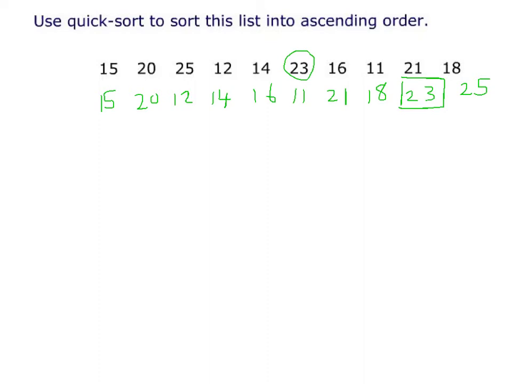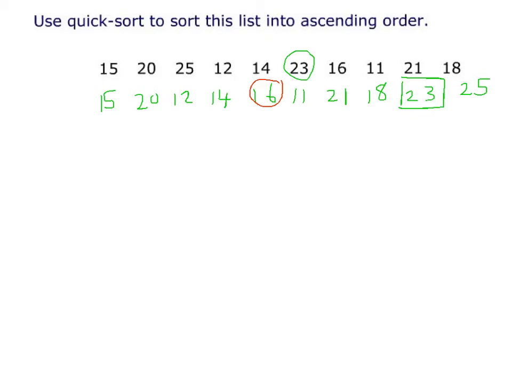So we can just focus on the sublist that is before the 23. Again, we have an even number of items, so we take the item to the right of the middle, which in this case is going to be 16.